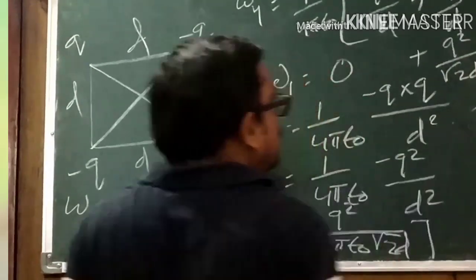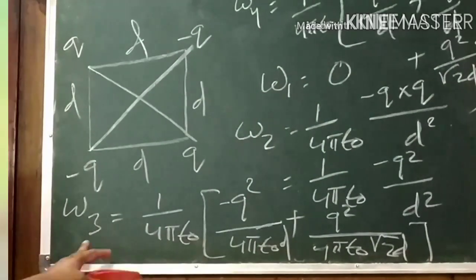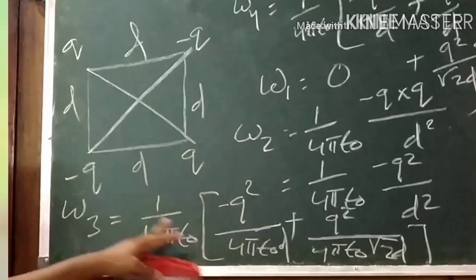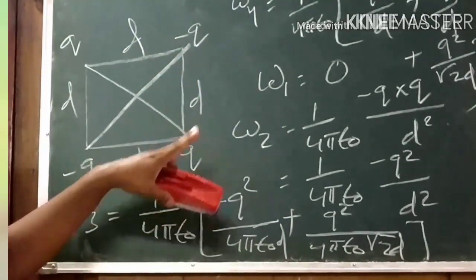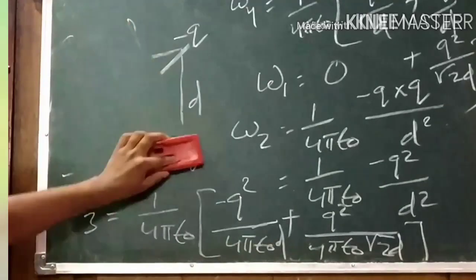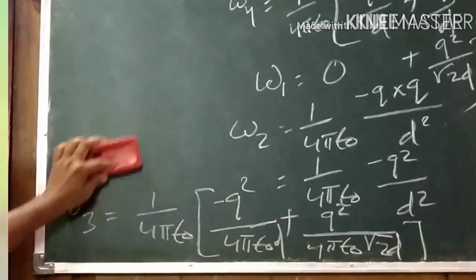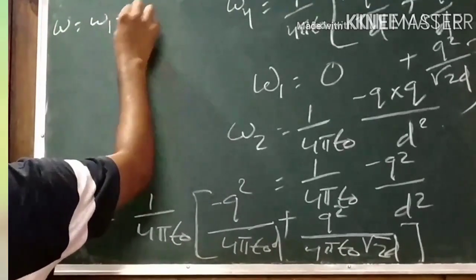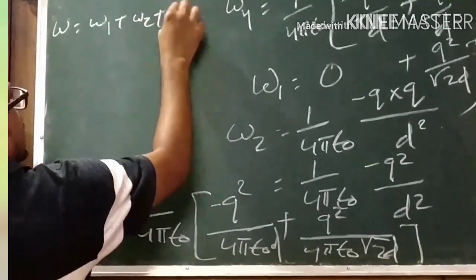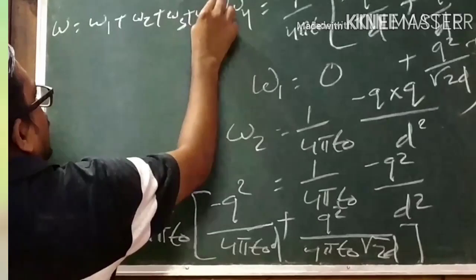Okay, so we have got four works, W1, W2, W3 and W4, and we have to calculate the net by adding all of this. So W will be equal to W1 plus W2 plus W3 plus W4.